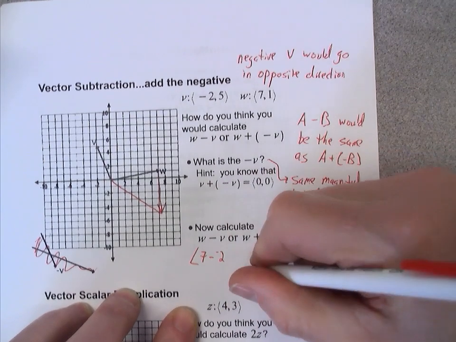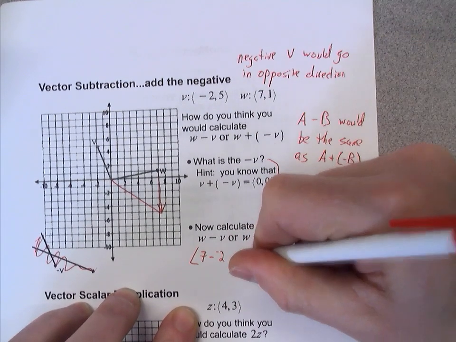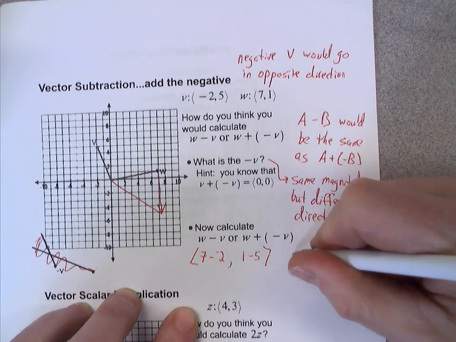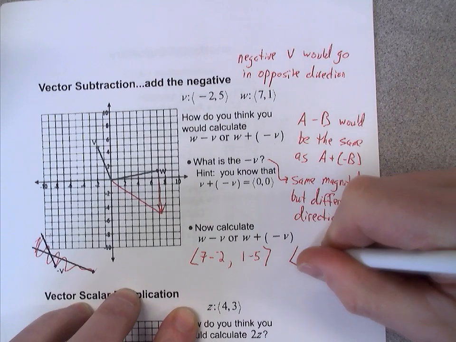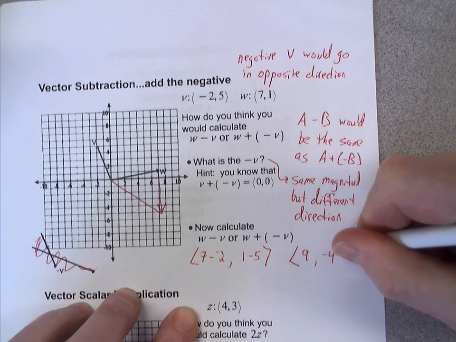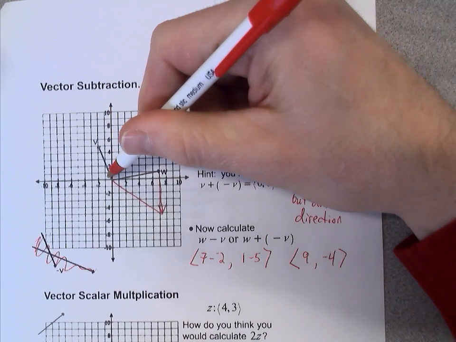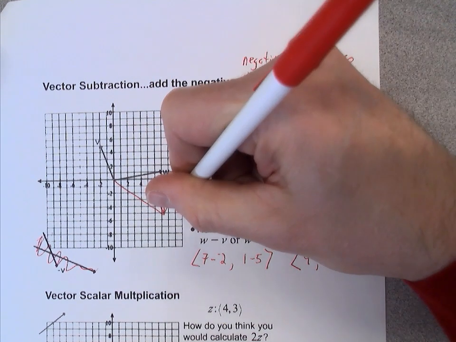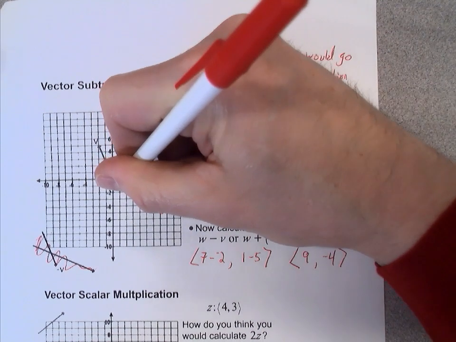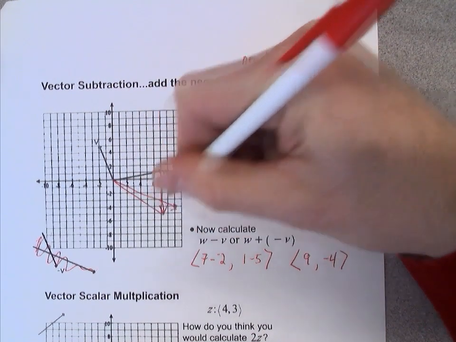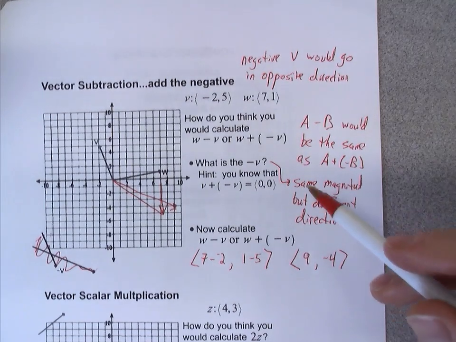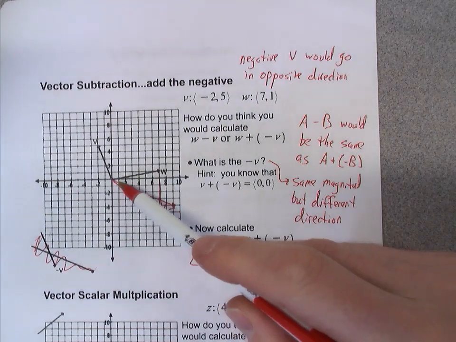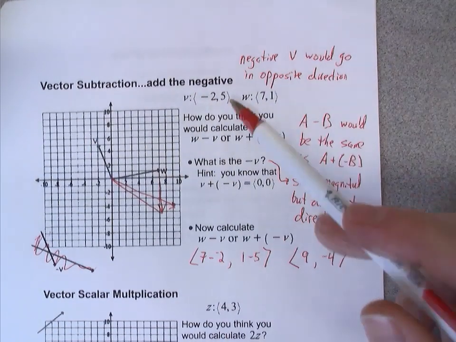And then for the other one, we're taking 1 and subtracting 5. And so what do we get for a point? We're going to get 9, negative 4. On this, we would go all the way out to 9 and down to negative 4. And that would technically be our new vector. That's our new line through the process of subtracting these two vectors. Notice it's now going in the opposite direction of any of these vectors.